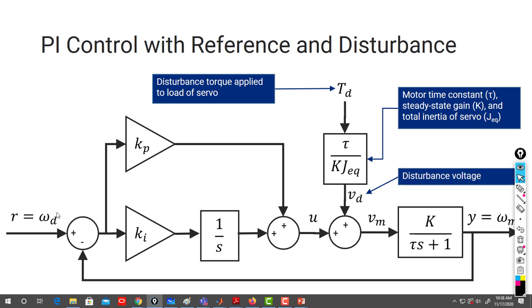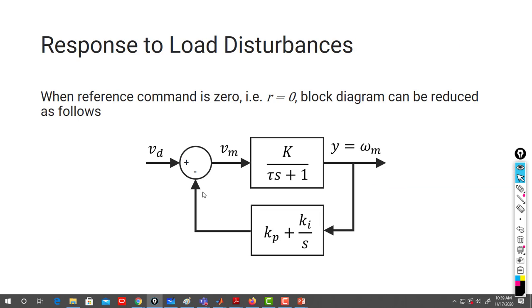But here I'm not interested in the reference at all. I just want to study the effect of disturbance as we did in previous sessions. So I take the zeros and the remaining system will be, I'm starting from VD, just assuming I know VD equal TD times this block. Then VD, I have this system in the forward loop, and in my loop I have minus PI control in my feedback loop.